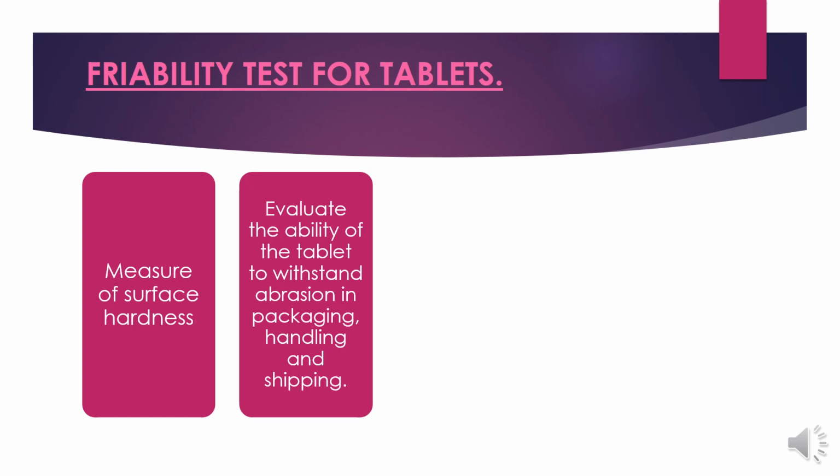We are checking their capability to maintain that surface hardness, that smoothness, and that bonding potential during processes like packaging, handling, and shipping. That is the measure of their ability, so that they are not shedding any sort of particle and maintain their original physical shape.